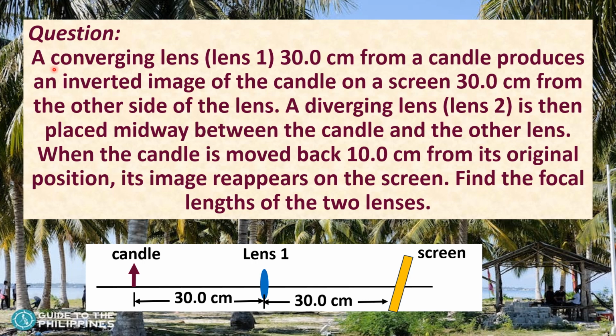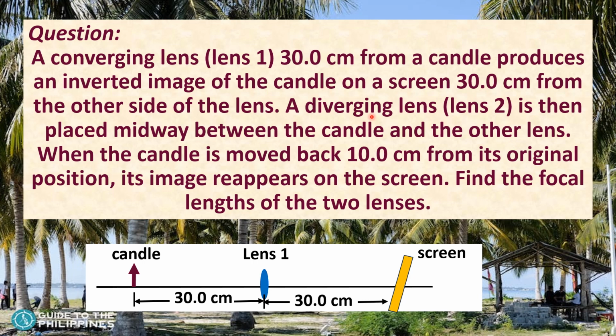The question is, a converging lens, lens 1 in the diagram, 30.0 centimeters from a candle produces an inverted image of the candle on a screen 30.0 centimeters from the other side of the lens.